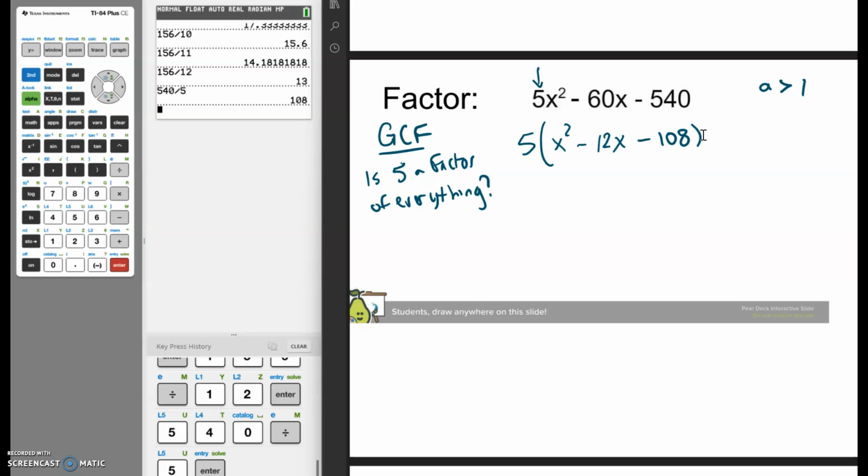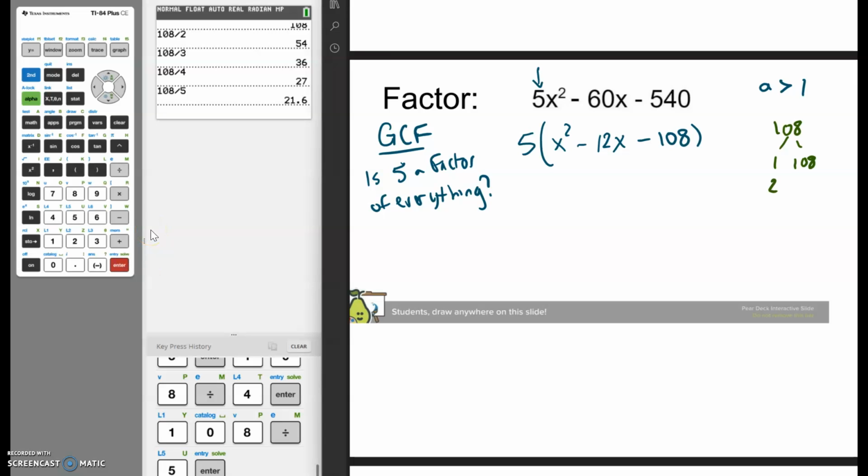And you might look at 108 again and say, well, I don't know what numbers multiply to 108. So we go through that whole process, which I'm going to try to type really quick here. Just get a couple done before I start writing, because if I type more, this might go a little bit faster. So divided by 5, that won't work.